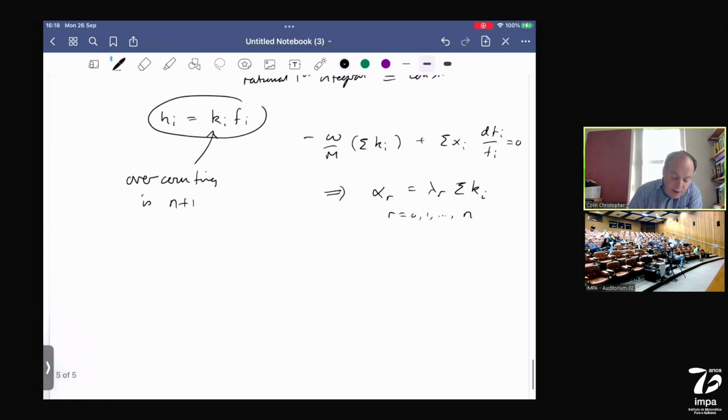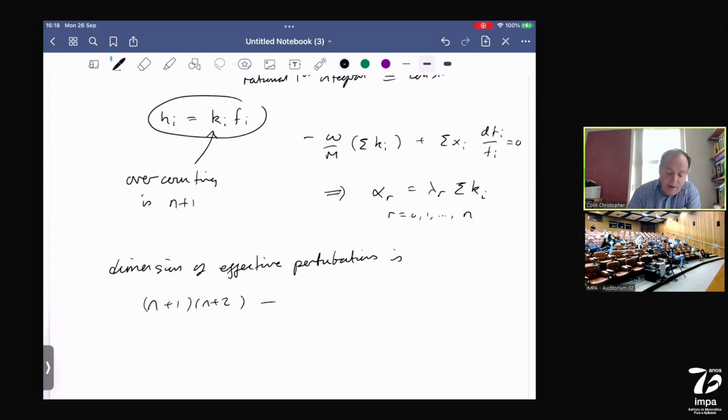Okay, so the number of effective parameters, or the dimension of the effective perturbations, is going to be (n plus 1) times (n plus 2) minus, we had 4(n plus 1), but n plus 1 of those is overcounting, so minus 3(n plus 1), and that turns out to be n squared minus 1.